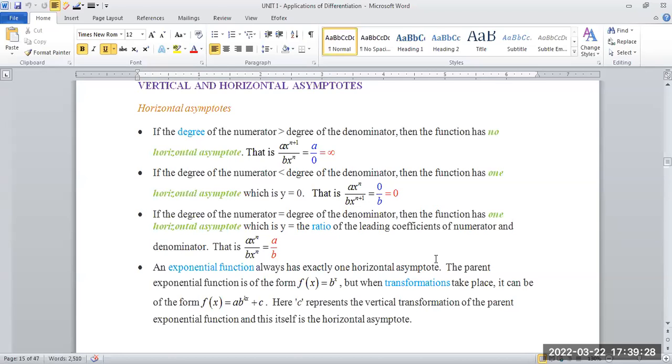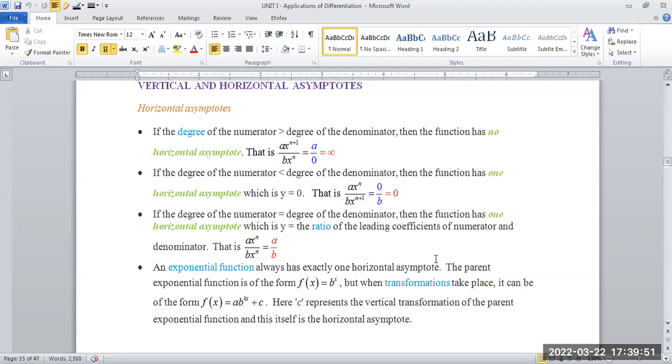If the degrees are equal, as it says here, y is the ratio of the leading coefficients. You have ax to the n over bx to the n, and the x to the n's cancel out. Then you have a over b. You have one horizontal asymptote.